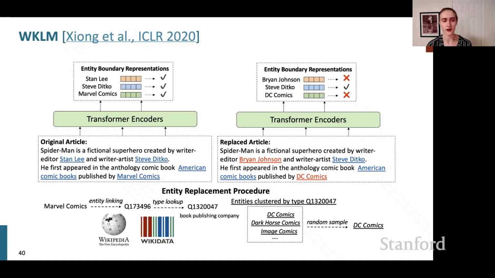The replacements are in red on the right. And then the model predicts for each of these mentions, was it replaced or not? In the case of Brian Johnson, they have the red X for a false mention, and in the case of the true mentions, they have the check mark. So it's a pretty simple approach, but they actually show that it can help the model increase the amount of knowledge that's encoded in its parameters.